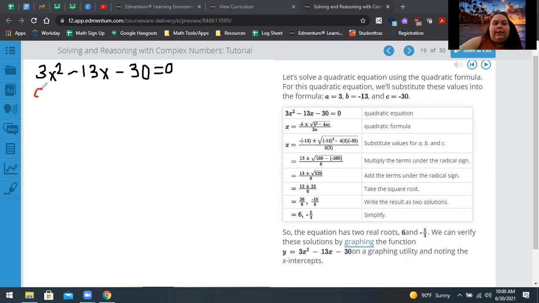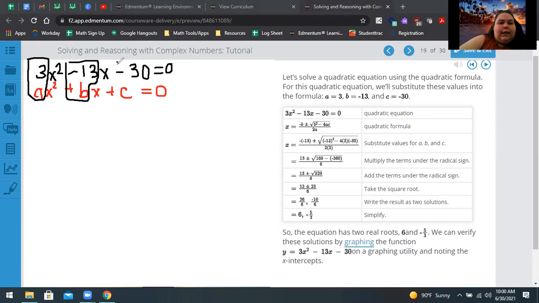I'm going to write out the general form: ax squared plus bx plus c is equal to 0. Do you see how my a, b, and c line up? If I box them, this is my a, this is my b, and I'm not including the actual variable, and then this is my c.